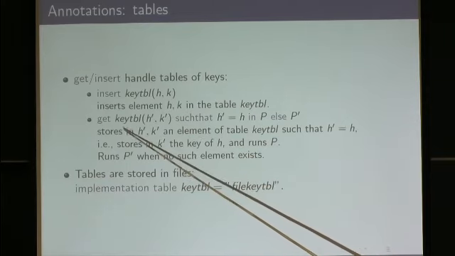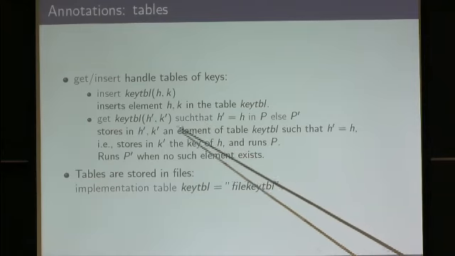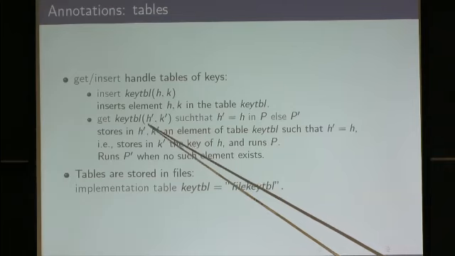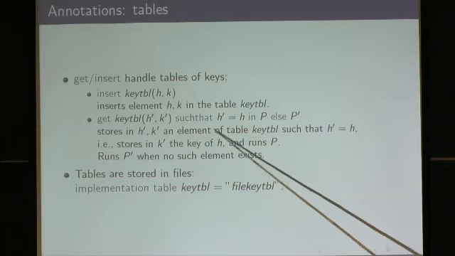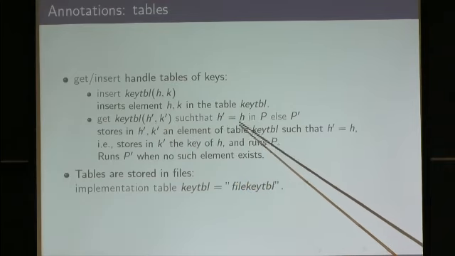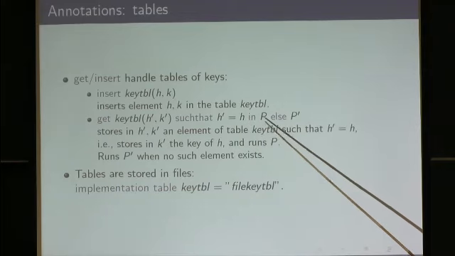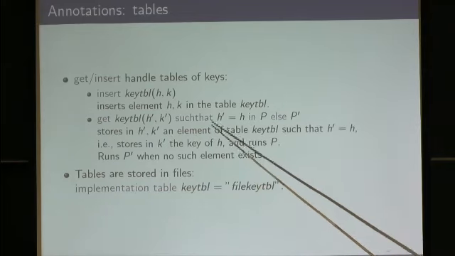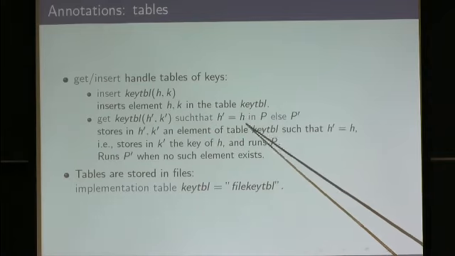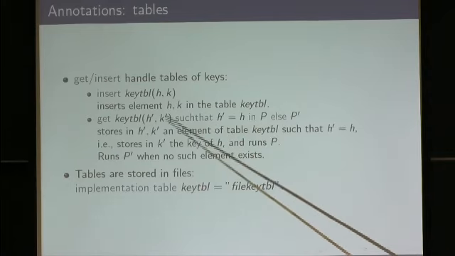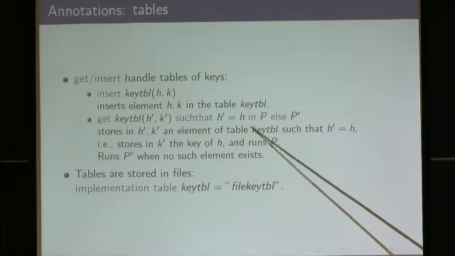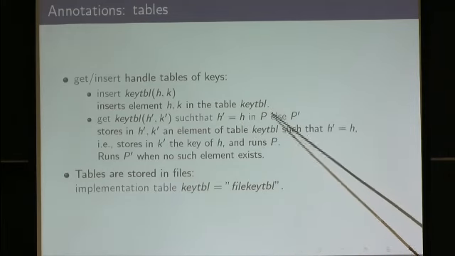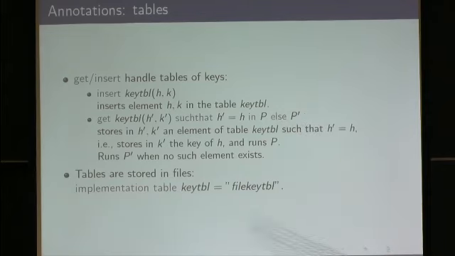And the get process reads the key table and it stores in the pair (h', k') an element of the key table such that h' is equal to h, and that's it. So this get process gets the key for h, because it's going to get a pair that corresponds to that host h. And if it finds such a key, it's going to run P, and if it does not find such a key, it's going to run P'.